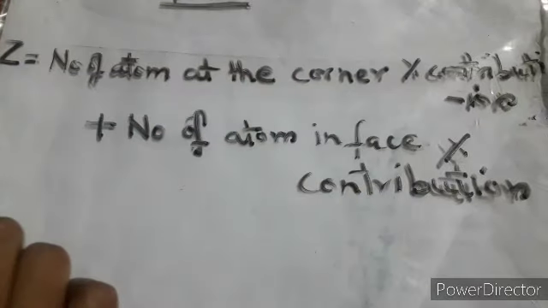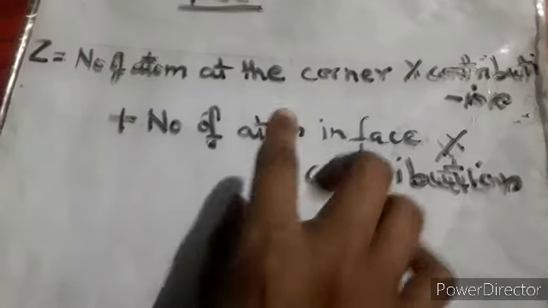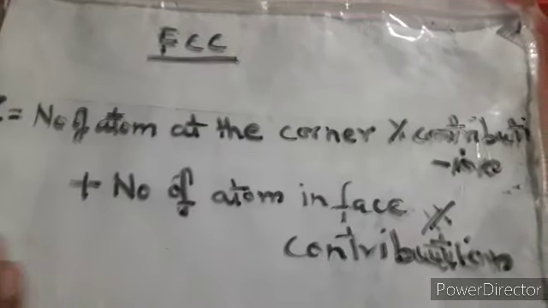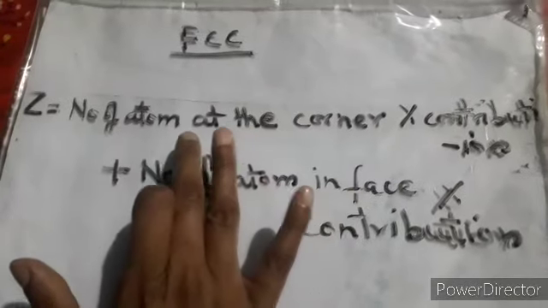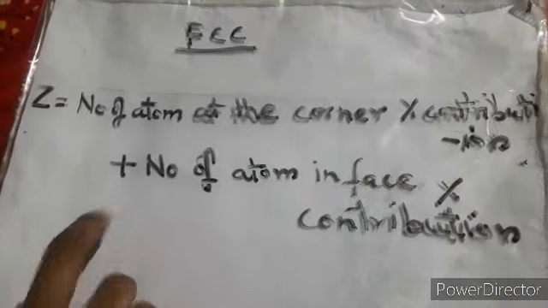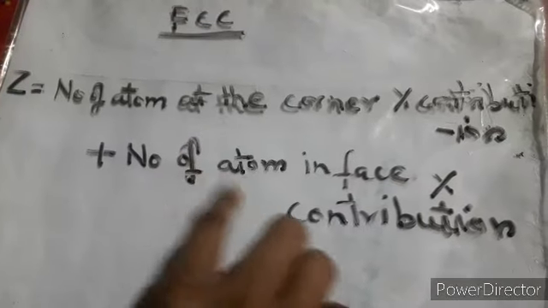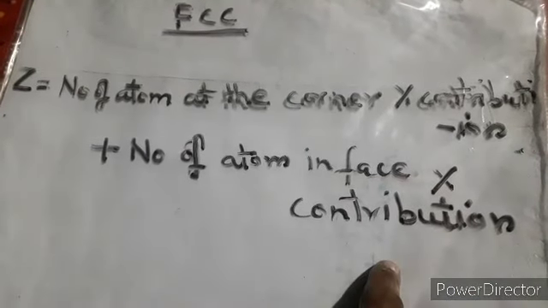Because I have already mentioned in my previous discussion that no matter that 8 atoms are there, they are being shared by other unit cells also. That's why I'm writing over here the number of atoms at the corner into contribution, plus, my page is small, so please write down in your copies, make sure that over here it is plus, the number of atoms in face, again into contribution.